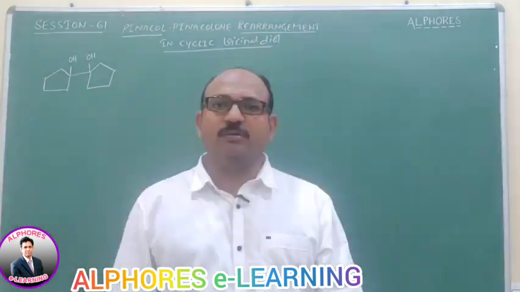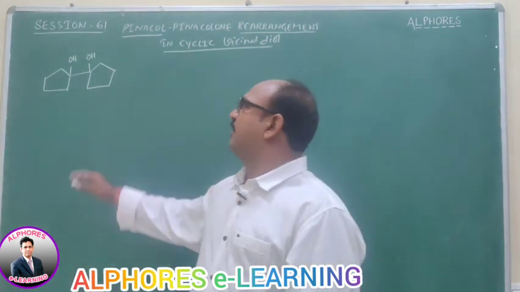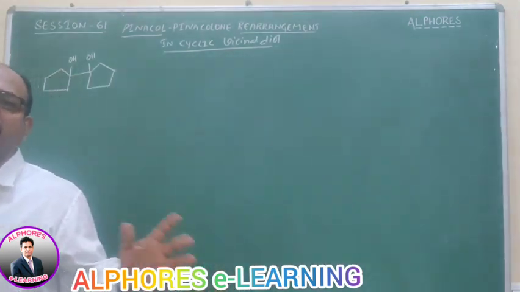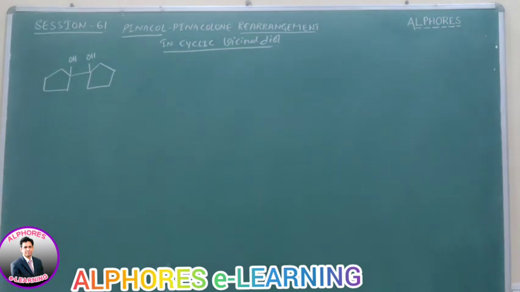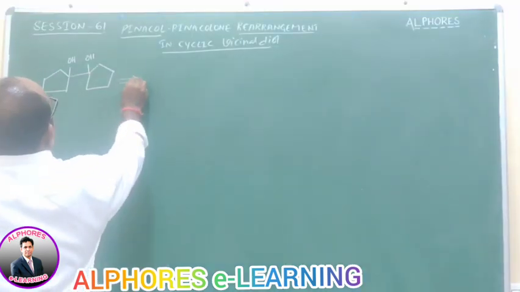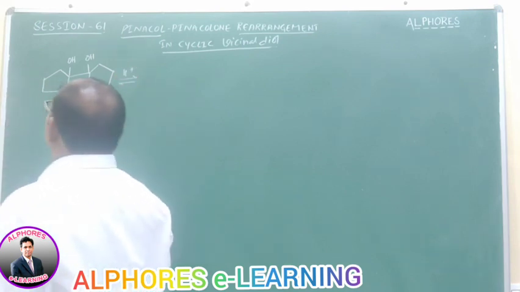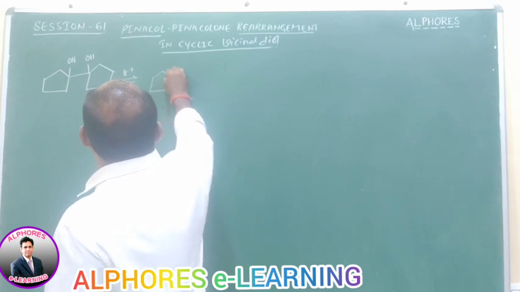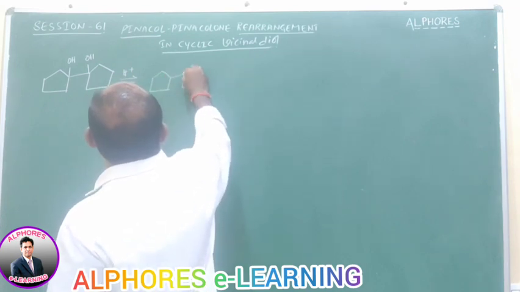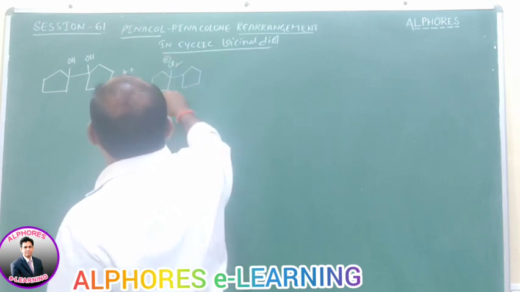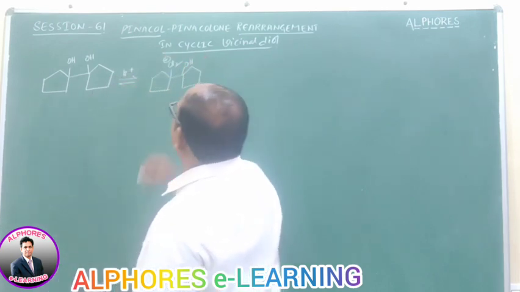This is a vicinal diol, a 5-member ring consisting of a vicinal diol. Upon acidification, one of the OH groups gets protonated, then we get the product with OH2 plus, and here the OH remains.